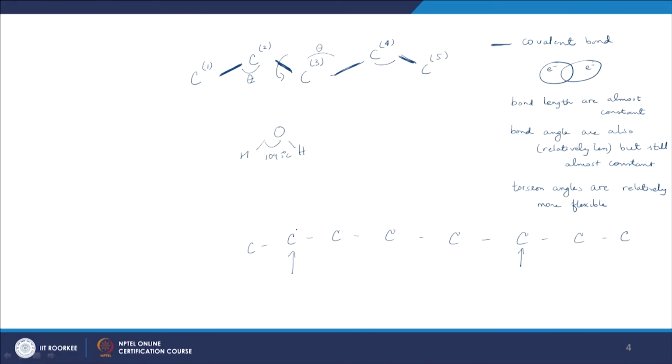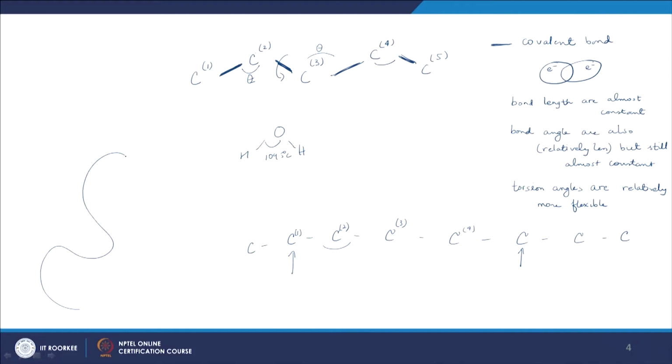So, this guy and this guy, 1 and 2, are of course correlated because they have a bond in between. This guy and this guy are correlated because they have some angle in between. This guy and this guy are correlated by a lesser measure because there is a torsion angle in between, and as we keep on going the correlation remains, but it becomes smaller and smaller.